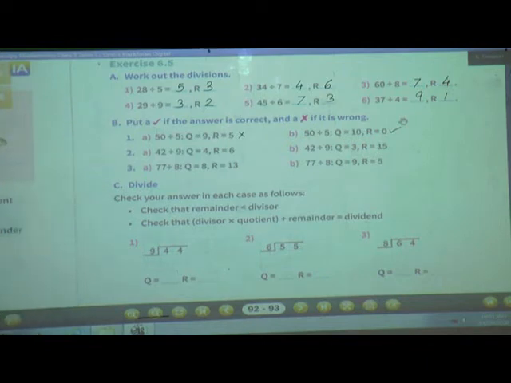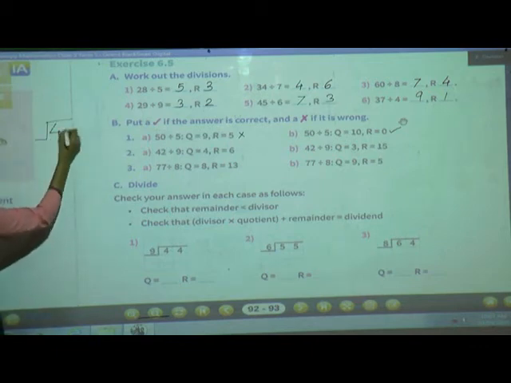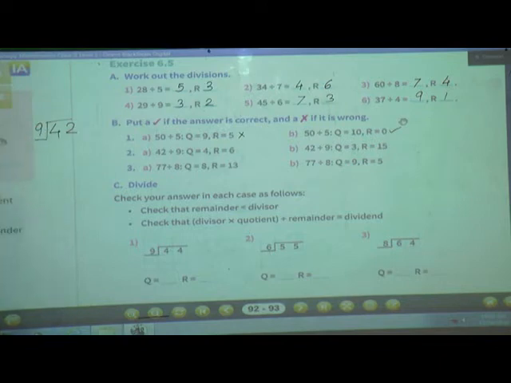42 divided by 9. Let me solve first. Now see the table of 9. Is the number 42 there? No. Then we have to find the smaller number.